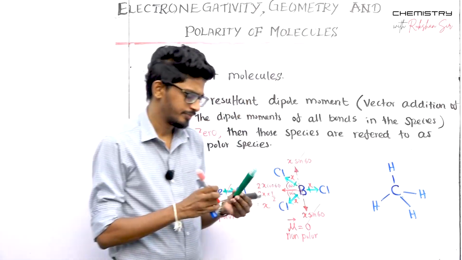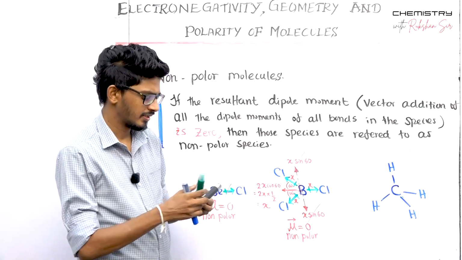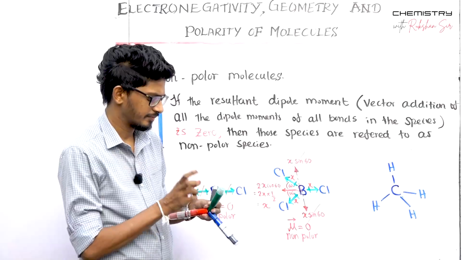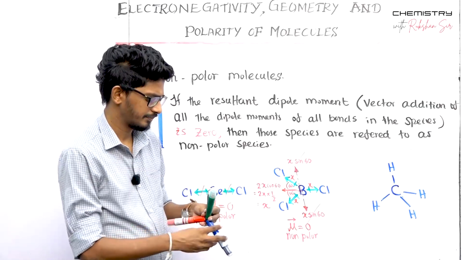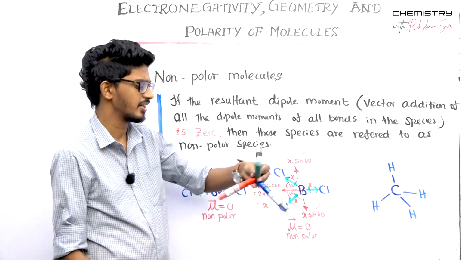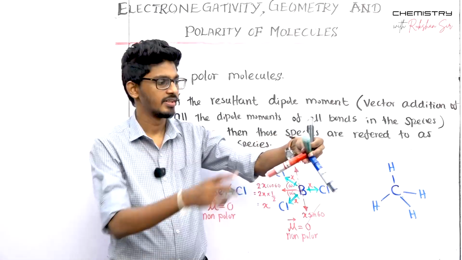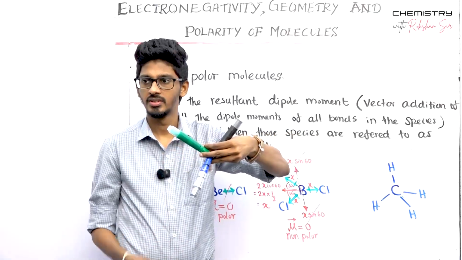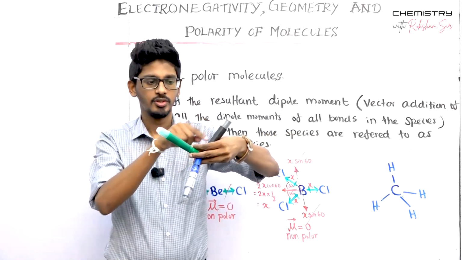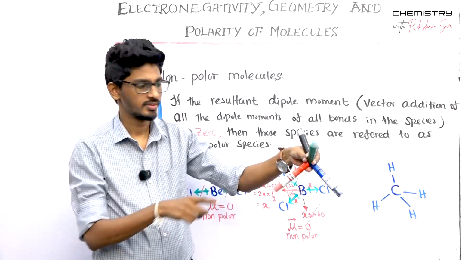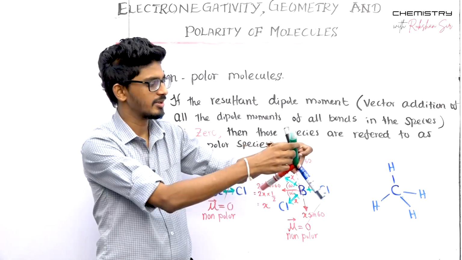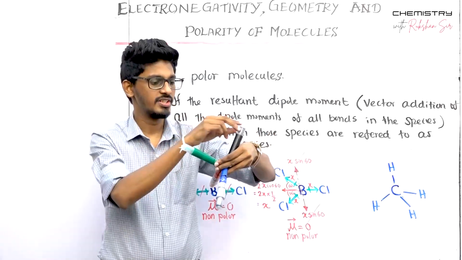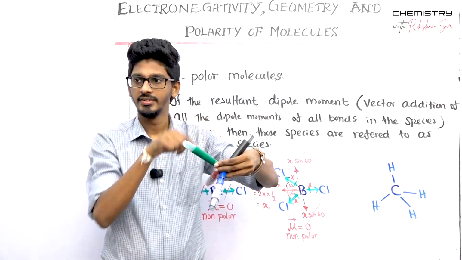When it comes to CH4, we can think of the tetrahedral shape like this, as a shape with two V shapes. One V is appearing here, and another V is appearing here. Two V shapes, one V and another V.